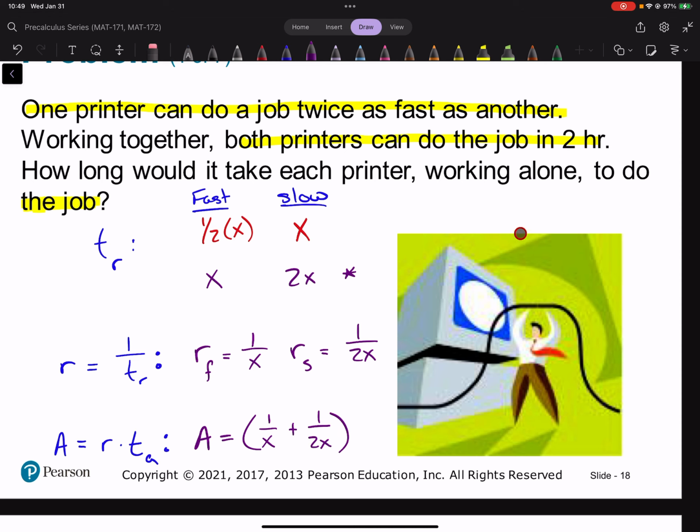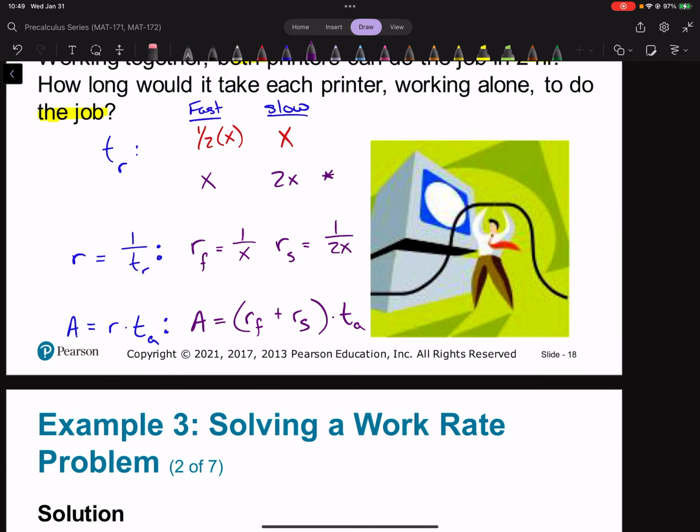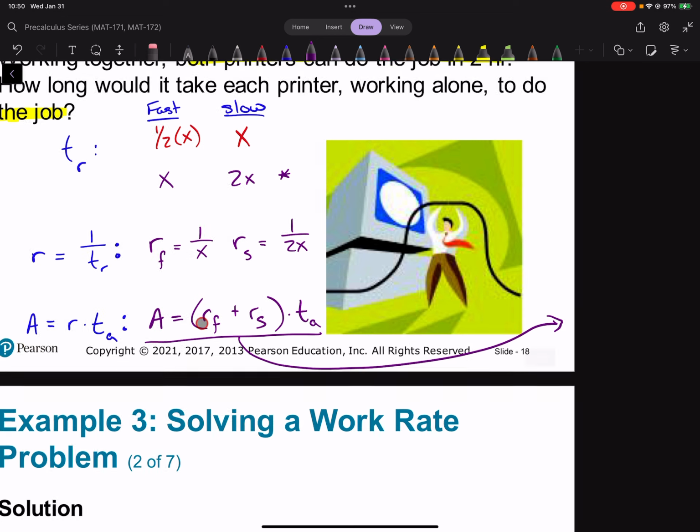They also told us how much time they would be working. Let me back up real quick, because I want to give you something a little more general, and then we'll substitute these things in. So this is going to be R sub F plus R sub S, and we're going to multiply this by the time actually spent working. I'm going to solve this over on the side here, but I just wanted to give you a better idea of how to arrange a situation when you have two counterparts working towards the same goal.